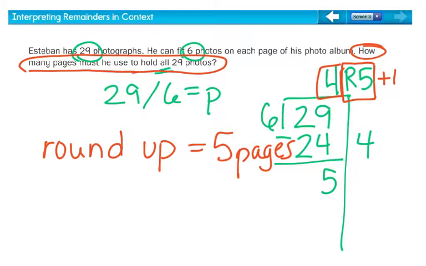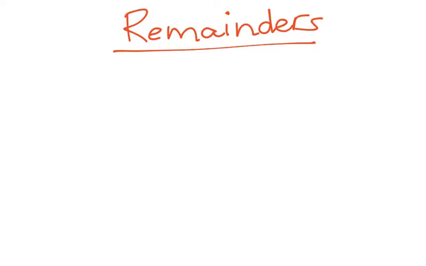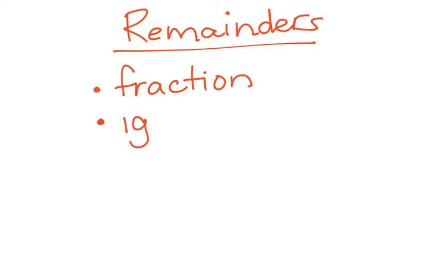So we have 3 things that we can do to the remainder. If we look at remainders, the first time we said if we can divide something up easily by cutting it, we are going to report the remainder as a fraction. Sometimes, in the case of the toy car, we're just going to ignore the remainder and not do anything with it.